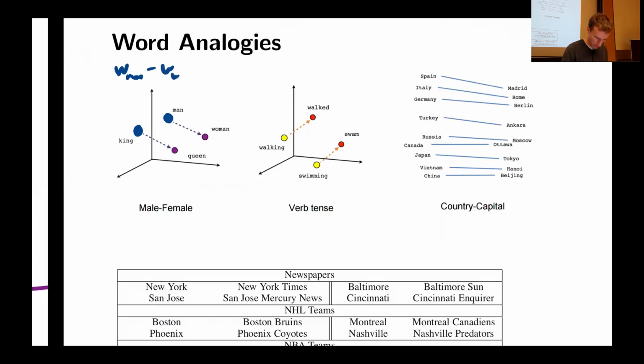What you see is that the vector man minus woman is approximately the same as king minus queen.